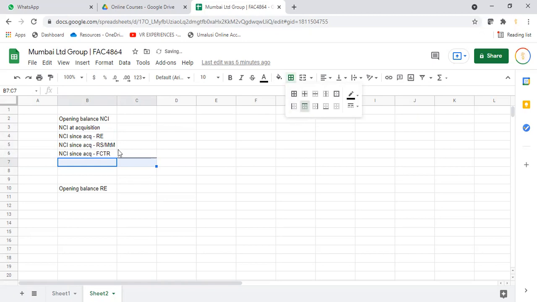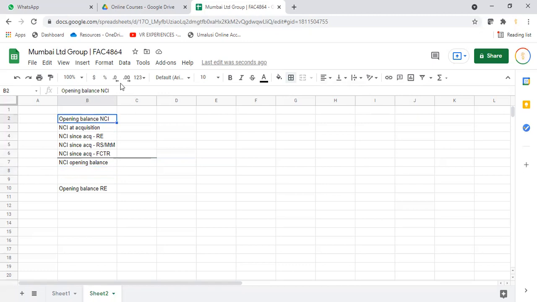I don't think I missed anything, and if I did, we'll just update it. So that is how you'd go about calculating opening NCI. Remember, you can only have NCI for a subsidiary.